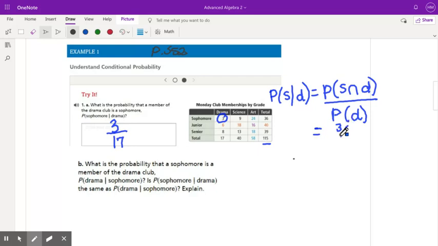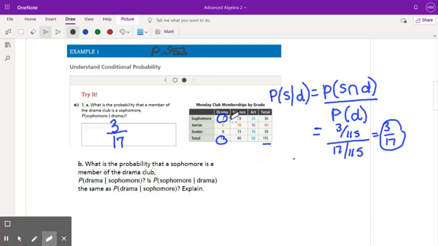So 3 out of 115 for the numerator. The probability that the student is in drama: there are 17 students in drama out of 115. And then 3 over 115 divided by 17 over 115 is 3 over 17. So I end up with the same thing, it just took me an extra step. You can do either, but if you don't have to use the formula, you don't need to.